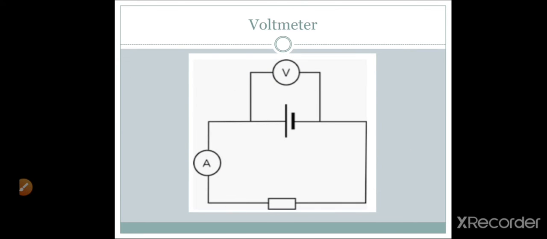Now here is a picture shown in which a voltmeter is connected in parallel to the cell here, or an electric appliance. If it is connected in the circuit, then the voltmeter is connected in parallel to the electric appliance or the battery or the cell here.